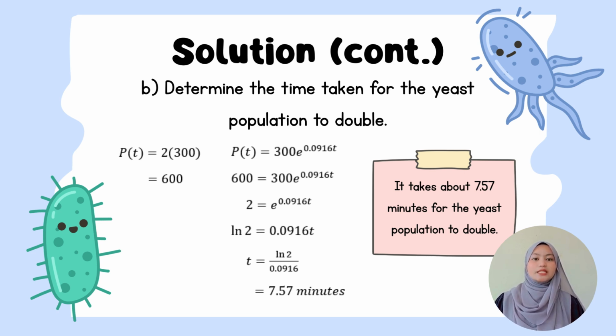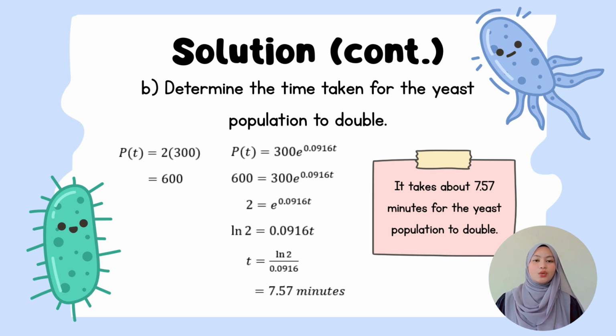We know that P(t) is 600, so the equation will be 600 equals 300 e to the power of 0.0916t. We can divide 600 by 300 and the answer will be 2.